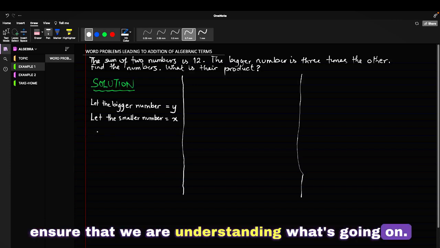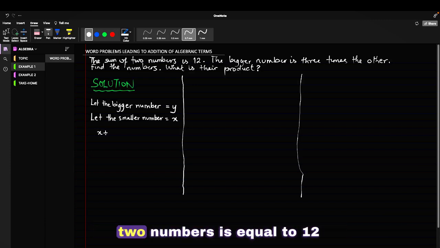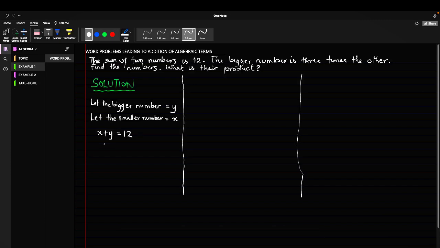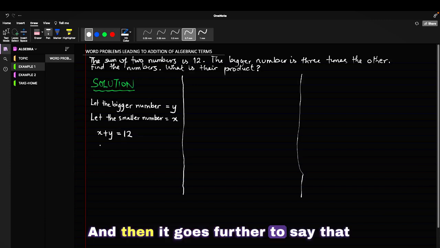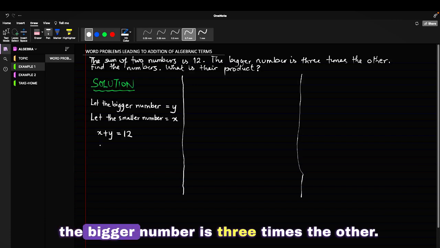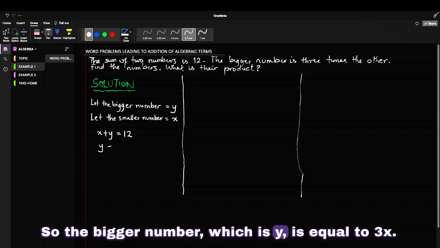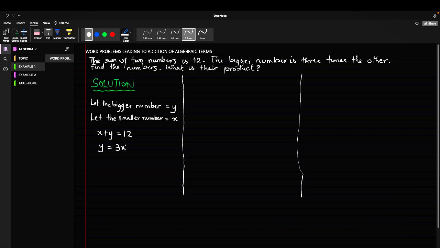Then we will read again just to ensure that we are understanding what's going on. The question says the sum of the two numbers is equal to 12. And then it goes further to say that the bigger number is 3 times the other. So the bigger number, which is y, is equal to 3x.